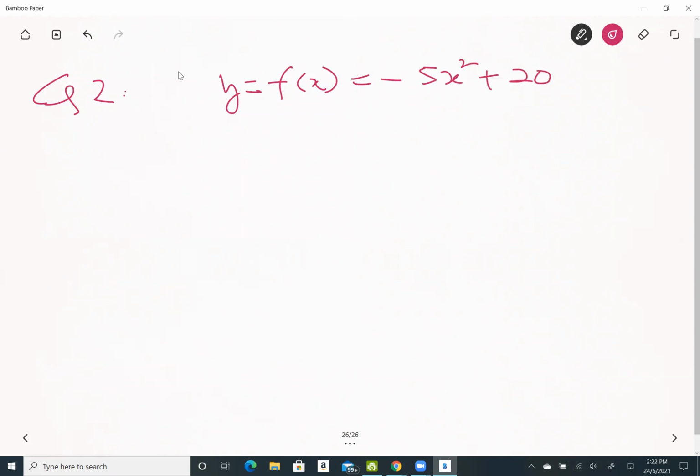And then I want to find the area under the curve, or you want to evaluate the definite integral from 1 to 4. Now, I want us to sketch the graph of this quadratic function. How does the curve look like?